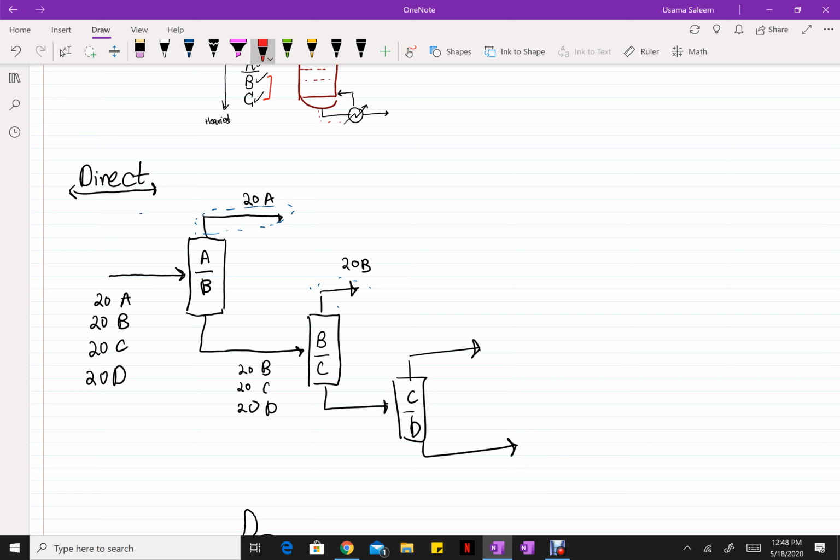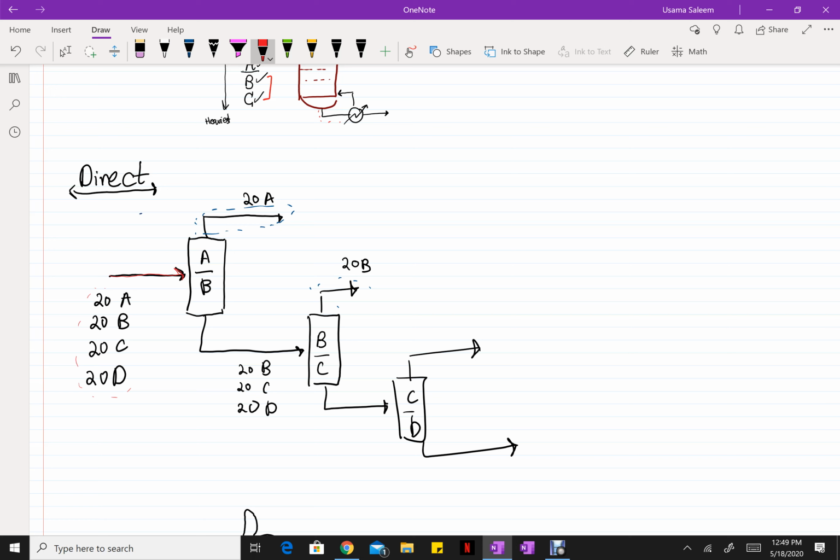So what I want to point out is how much fluid each column is processing. The first column is processing the entire feed. So that's a total of 20 plus 20 plus 20 plus 20, 80 moles of feed. The more feed a distillation column has to process, the wider the diameter of the column needs to be.